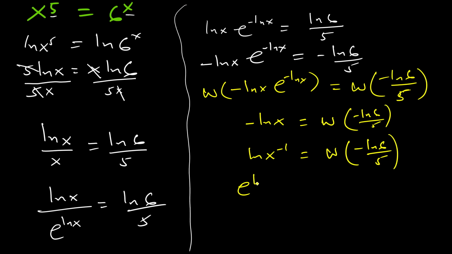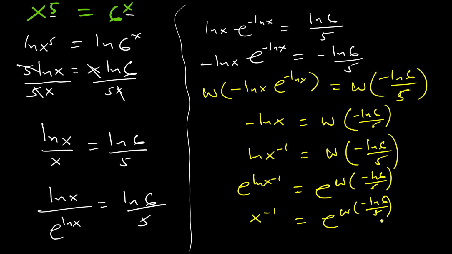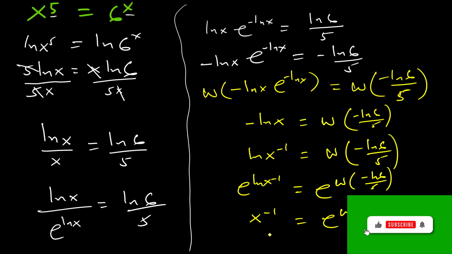So we have e raised to ln of x to the power -1 equals e raised to the W function over 5. So we have x to the power -1, which is the same as 1 over x. 1 over x equals this.